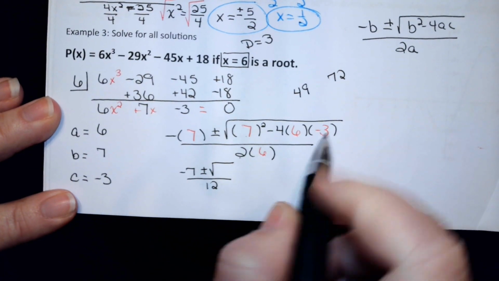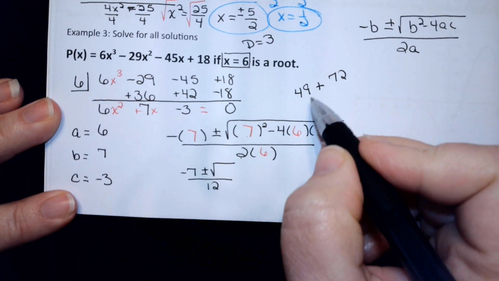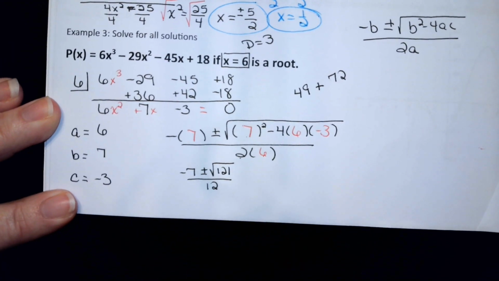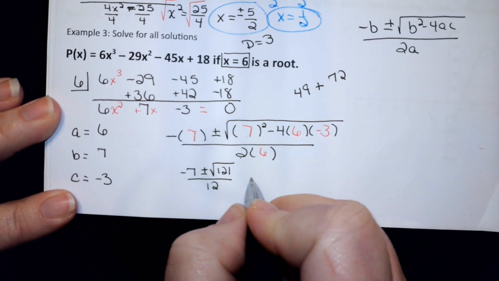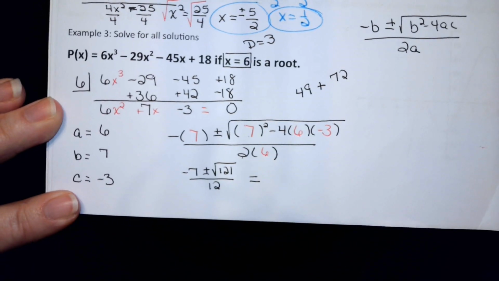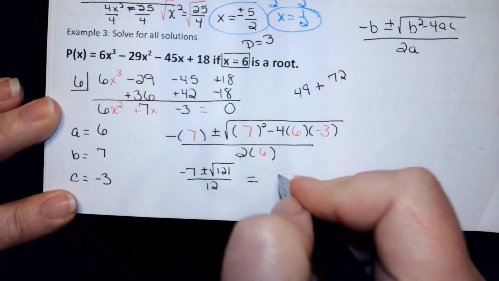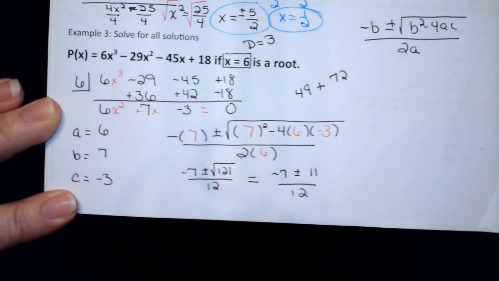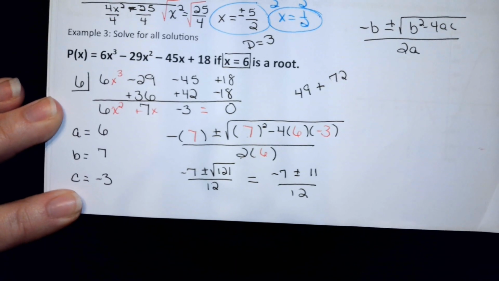And negative times negative gives us a positive, so we're adding these together. 49 plus 72 is 121. Oh, that makes it nice. 121 is a perfect square. The square root of 121 is 11. So we have -7 plus or minus 11 over 12.